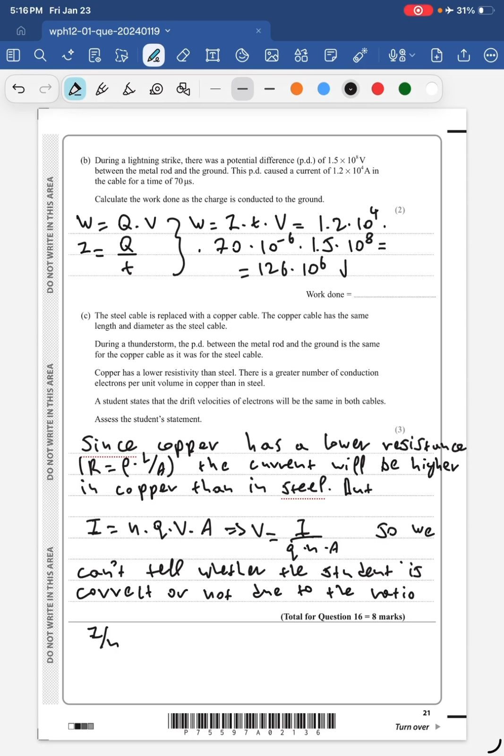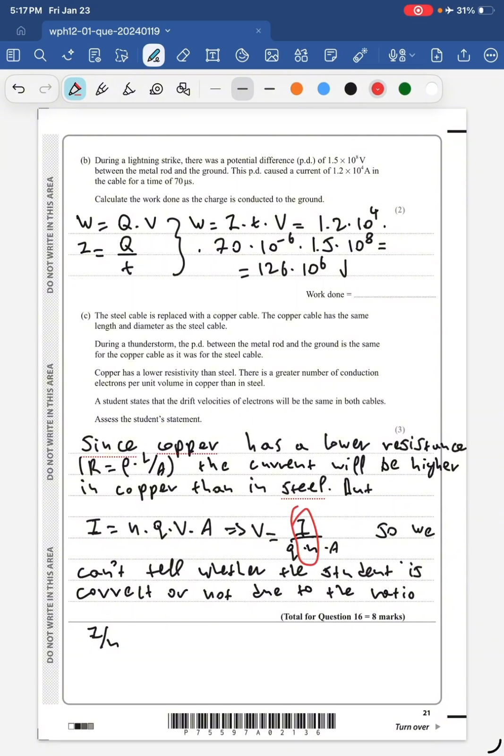And okay, let me check one more thing. NQVA equals I. I'm double guessing myself, but no, that's correct, because the key here is this ratio of the current over the number of charge carriers in these wires.